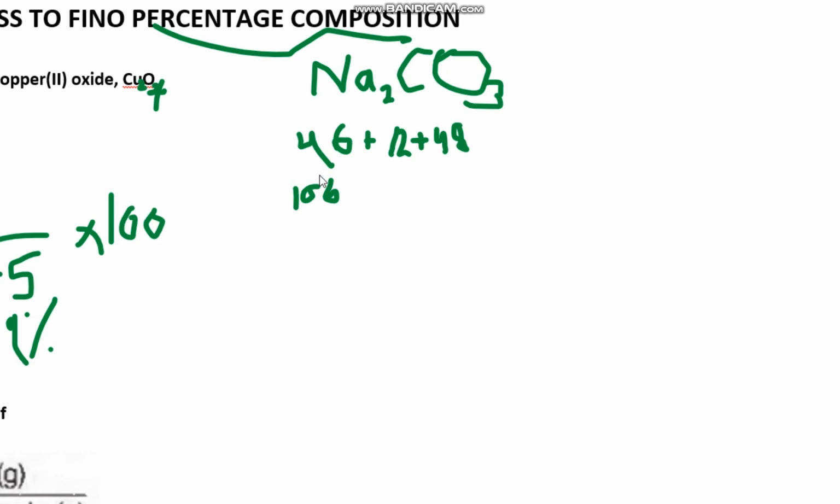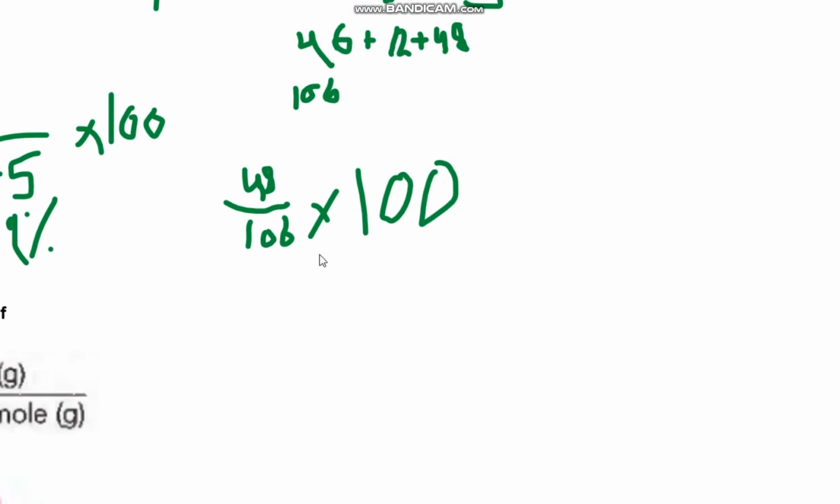If you want to find the percentage composition of oxygen in sodium carbonate, it is 48 over 106, which will give you 45.3%.